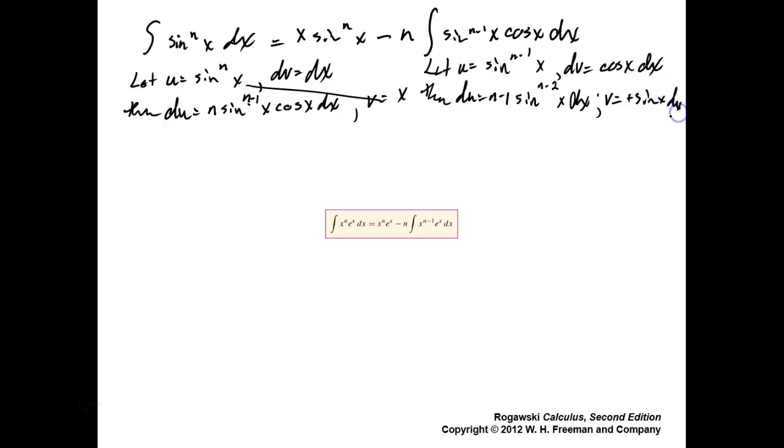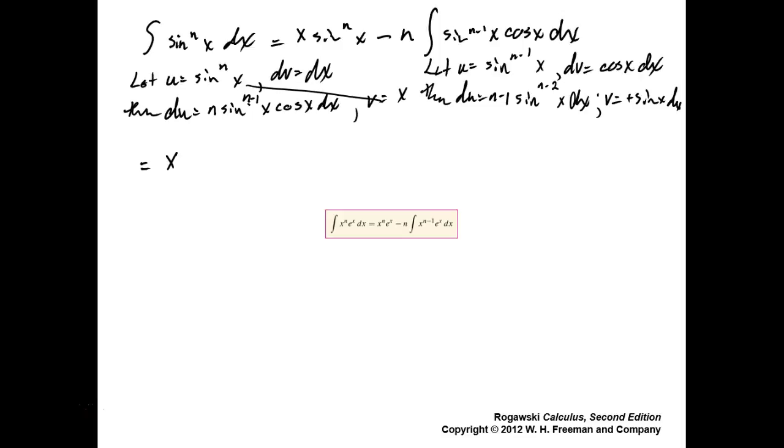The antiderivative of cosine is positive sine, right? You do the derivative of the u, but you do the antiderivative of the dv. That's why you do it that way.